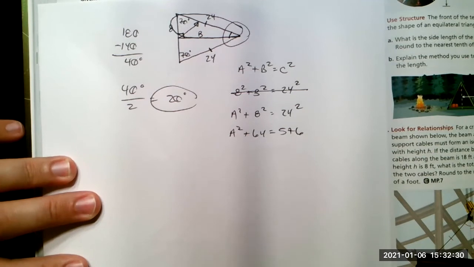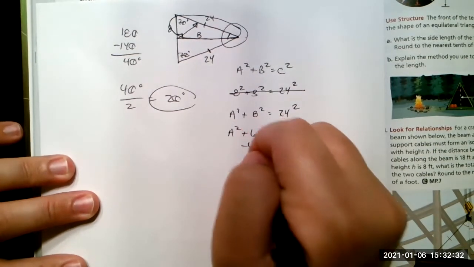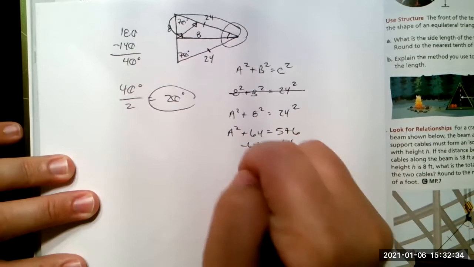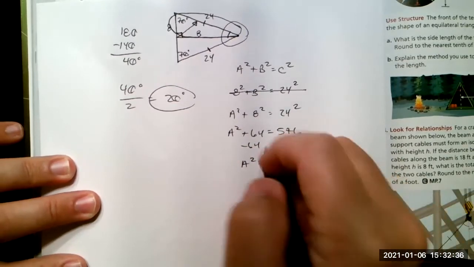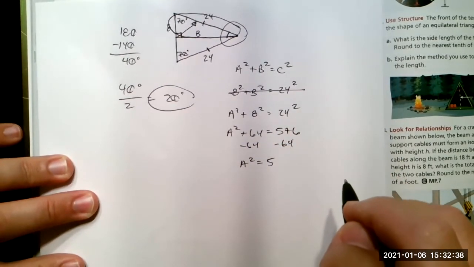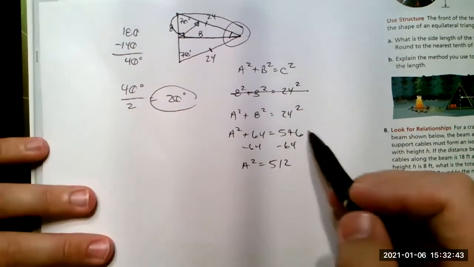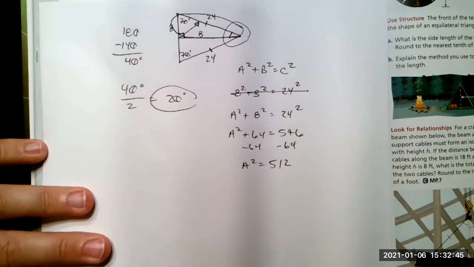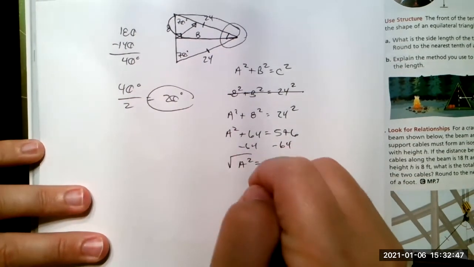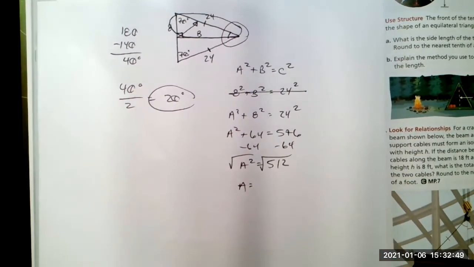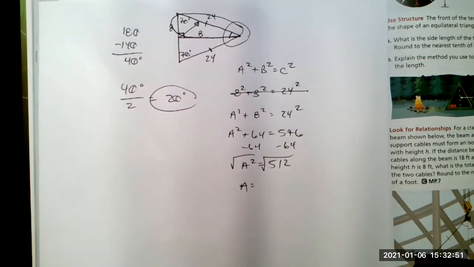So what I want to do now that I have a squared is I'll subtract 64 from both sides and I get a squared equals, what would that be? 512, right? 576 minus 64 is 512. And now I'll take the square root of both sides. The square root of a squared is just a.